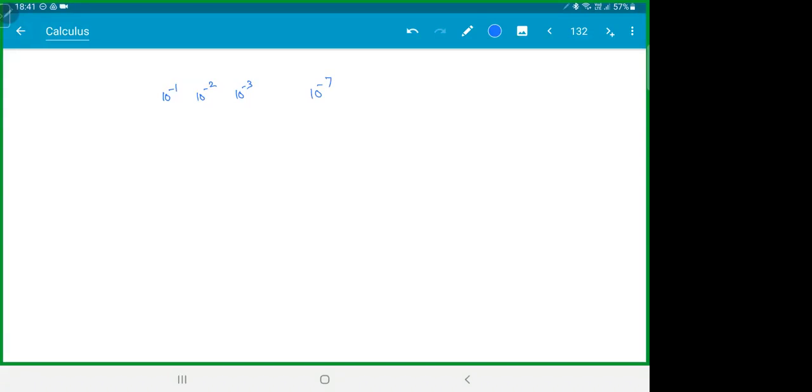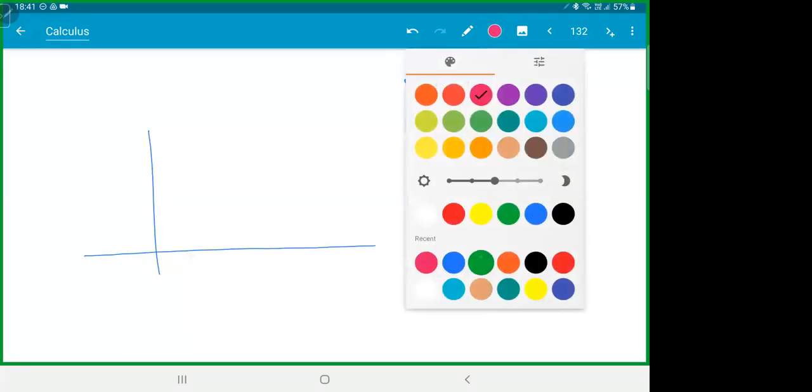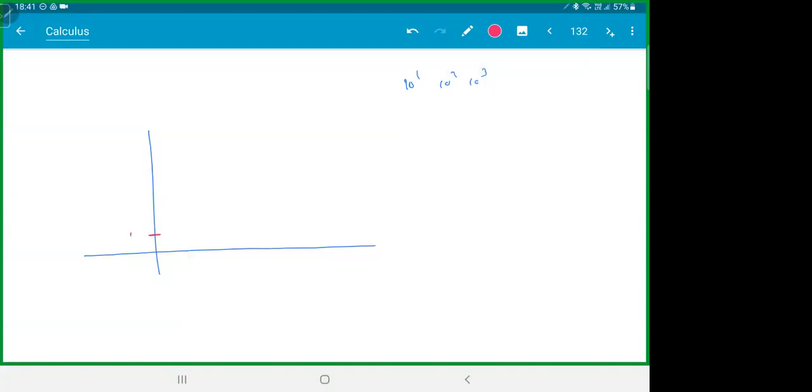If I try to plot this on a graph, what will I see? Let's keep it simple. If I say 10 power 1, 10 square, 10 cube, let's say this is 10 power 1, where is 10 square? It is 10 times of this line, right? Where is 10 cube? It is 10 times of this line, right? You won't be able to plot it on a graph.